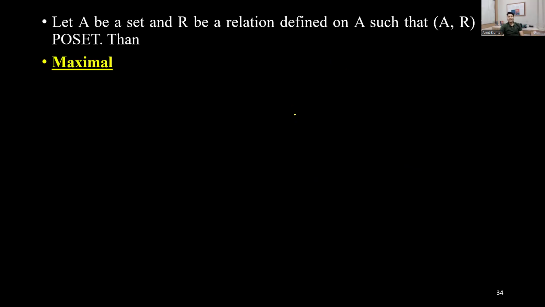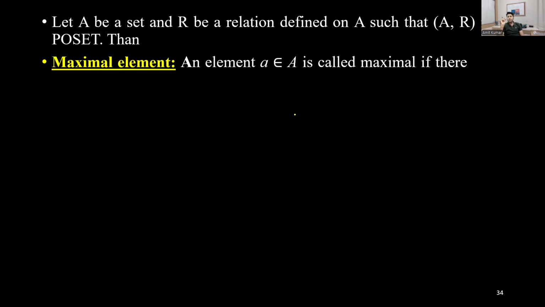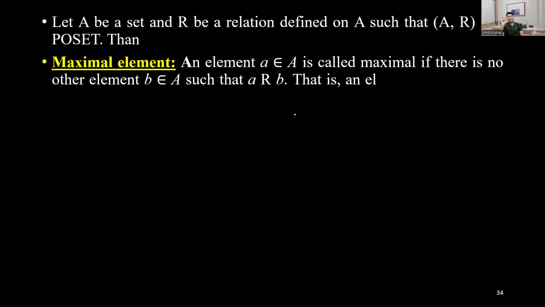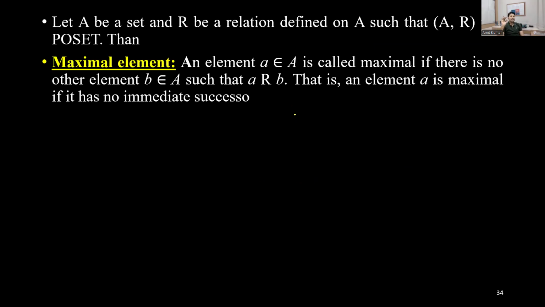Now, on this basis, let us talk about some more terminology. The first one is the maximal element. An element of a poset is called a maximal element if there is no other element which is an upper bound of this element.